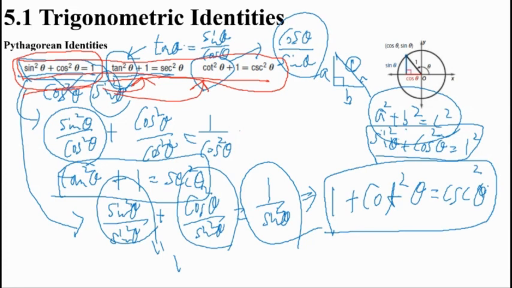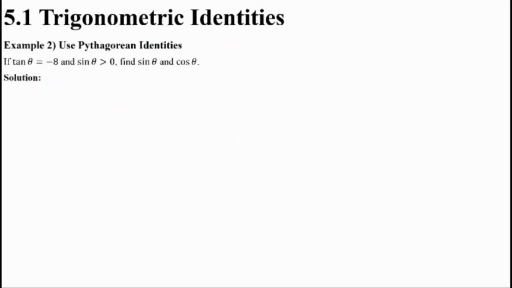Okay, maybe try one problem, last one today. They give tangent theta negative 8, sine is positive, find sine and cosine. We should know which quadrant they're talking about.